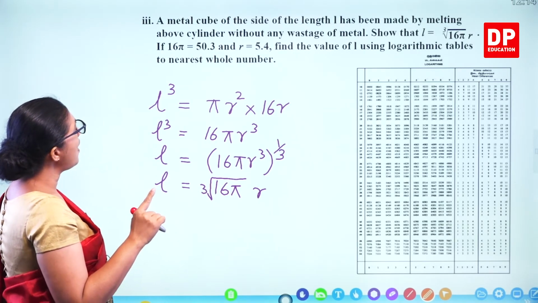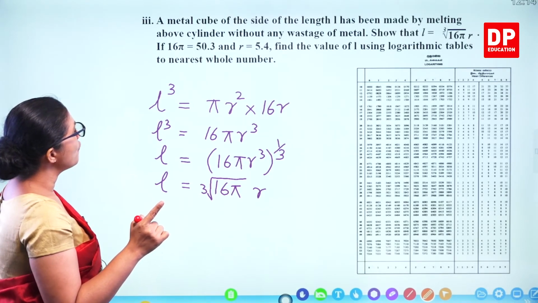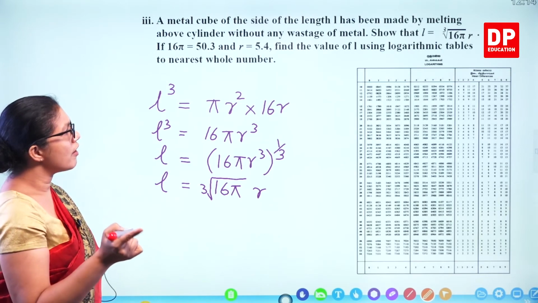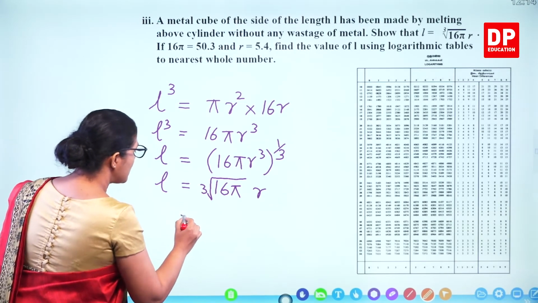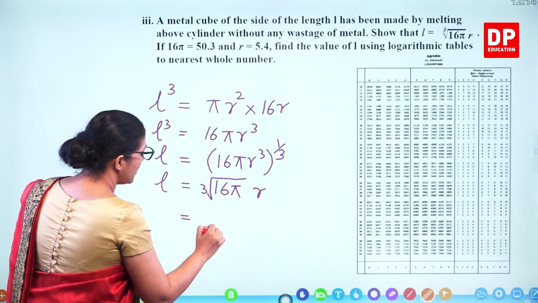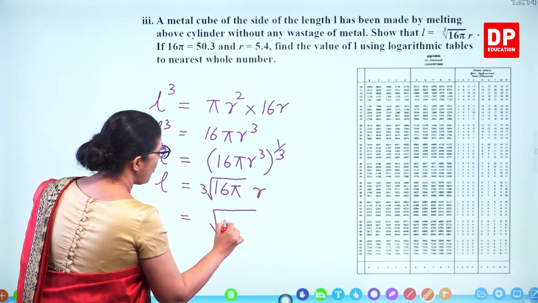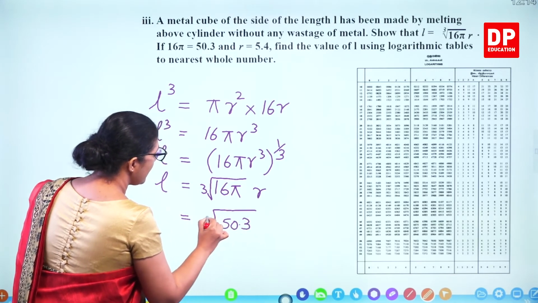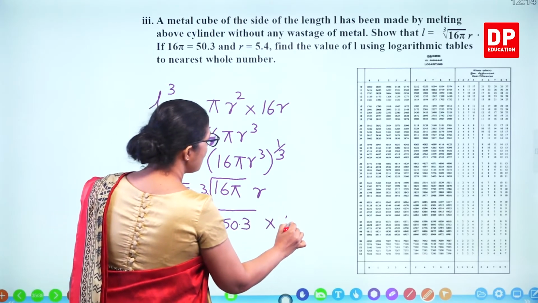If 16 pi is 50.3 and r equals 5.4, find the value of L using logarithmic tables to the nearest whole number. So we'll substitute first, cube root of 16 pi, 50.3, cube root, and r is 5.4.